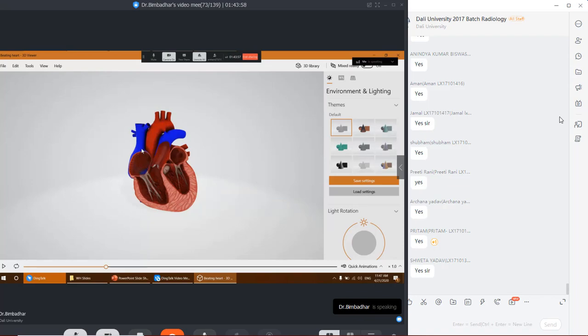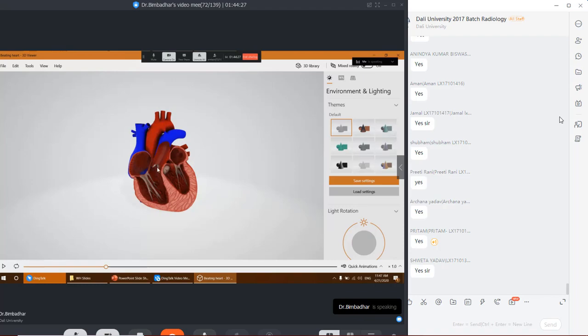It is through the right atrium. The right atrium receives the blood from the superior vena cava and the inferior vena cava, which open into the right atrium. The right atrium flows the blood into the right ventricle through the tricuspid valve, right? And then eventually it flows the blood from the right ventricle into the pulmonary artery through the pulmonic valve.